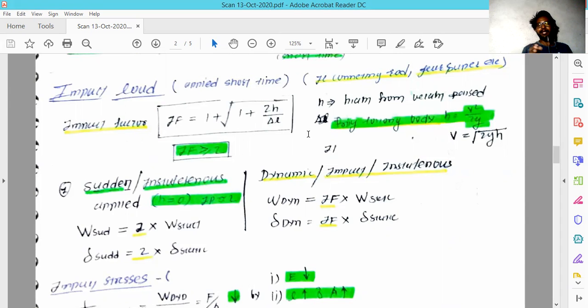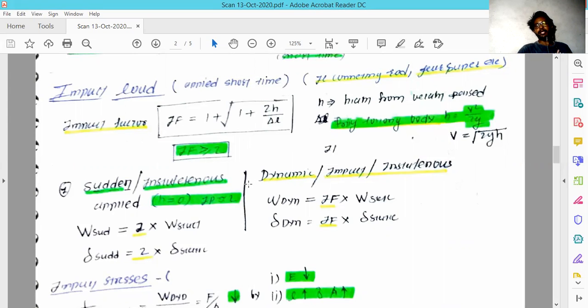Here h is nothing but the height from which you drop something, like a hammer. If you take the example of a hammer, you are hammering on an iron block from some distance. That distance is your h value, and the deformation that takes place in that iron block is your change in length.